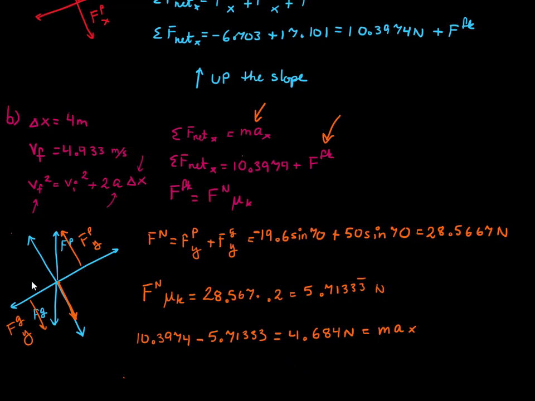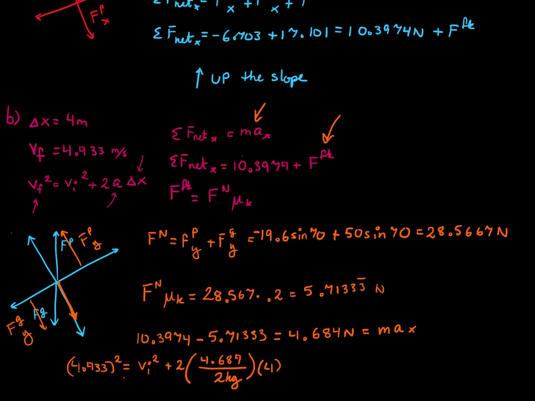So we can plug that into our kinematics formula. The final velocity, which they told us, 4.433 squared, equals the initial velocity squared, which is what we're trying to find for part B, plus 2 times the acceleration, which is 4.684 divided by the mass, 2 kilograms, times the change in x, which was 4 meters.